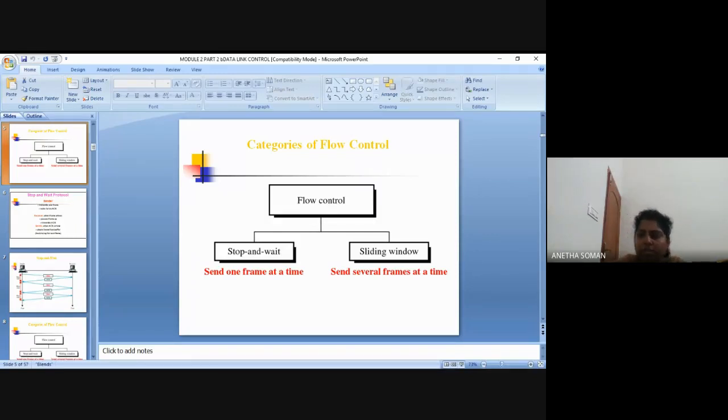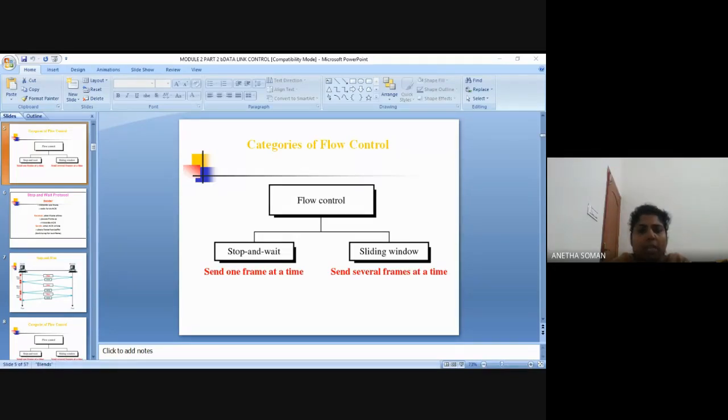Flow control means the set of procedures that informs the sender how many frames it has to send before waiting for an acknowledgement. You can have two different types of protocols here. One is called the stop and wait protocol, and the other is called the sliding window protocol. In the morning, we just saw what the stop and wait protocol is.